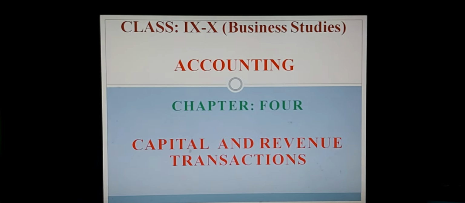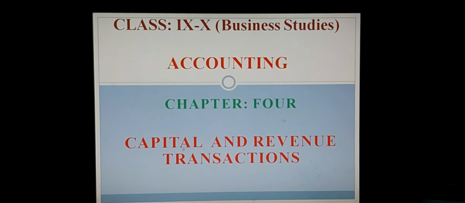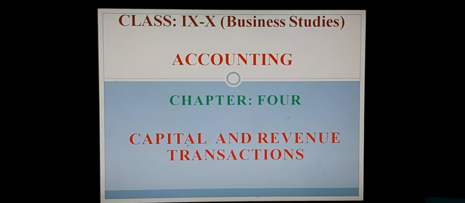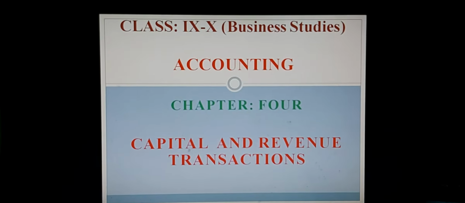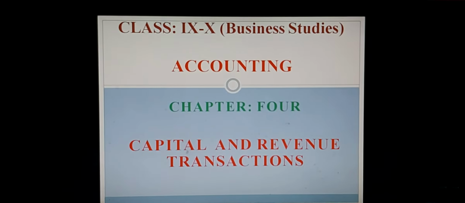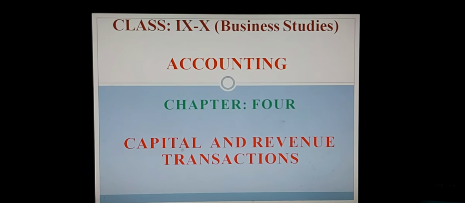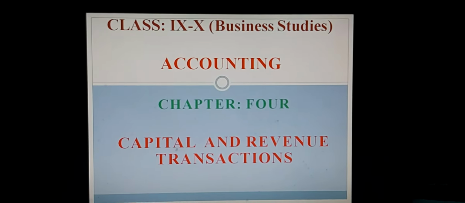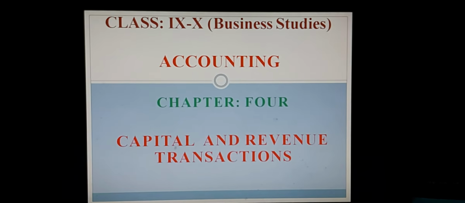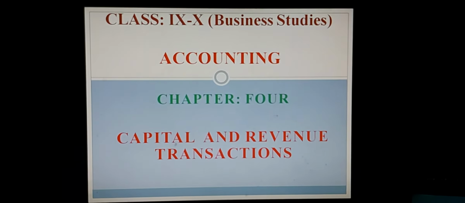Some transactions are such that benefits are achieved for a longer period, and some transactions are such that benefits are achieved for a short period. Thinking about the concept, transactions are divided into two types as capital and revenue.